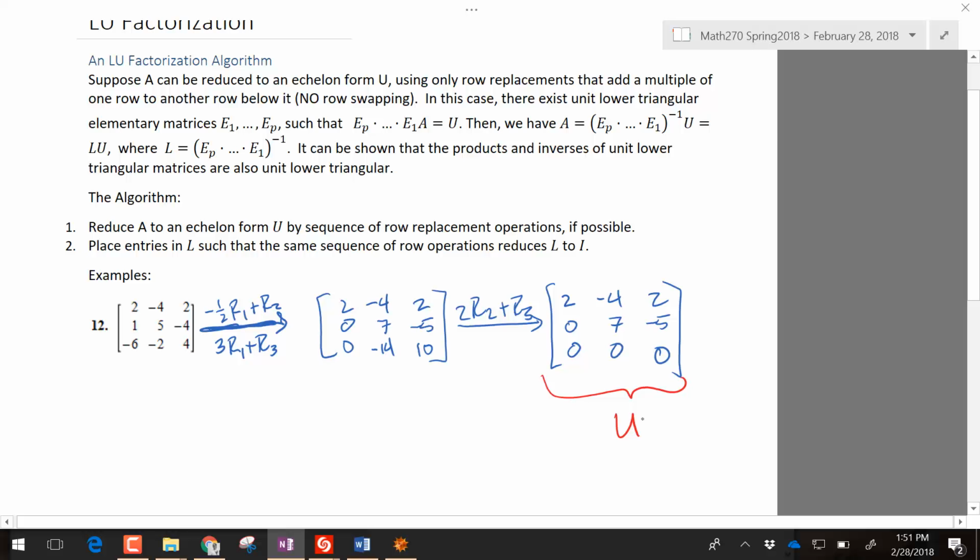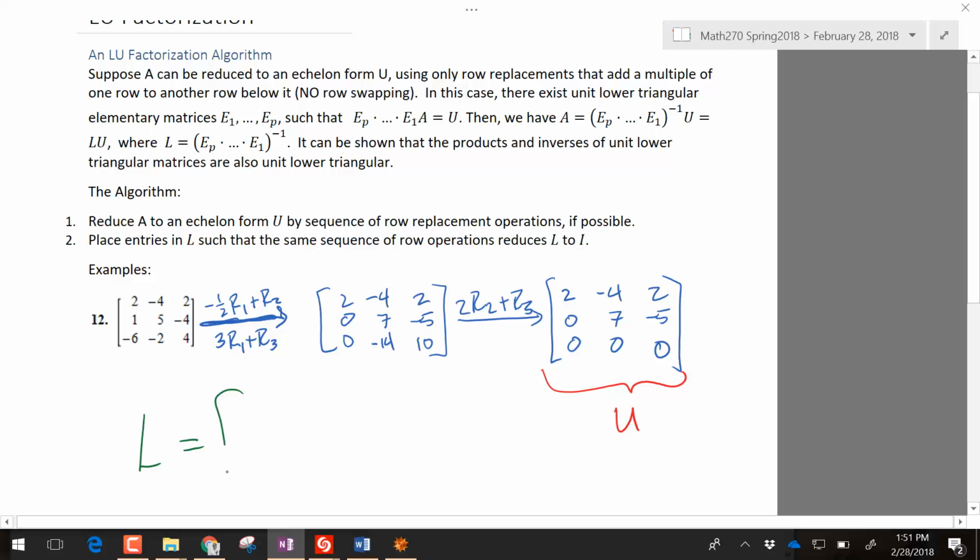So get the lower unit triangular matrix. To get the lower unit triangular matrix, we know that the diagonal has to be 1s. And we know that anything above that would be 0s.